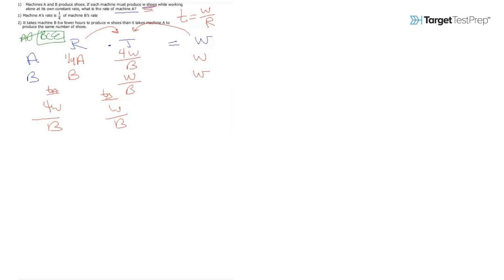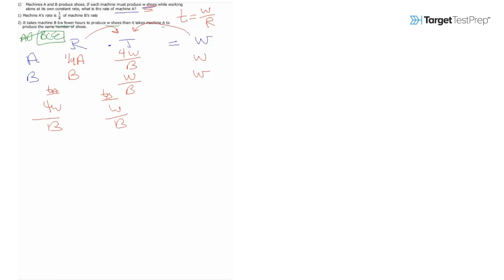All right, statement 2: it takes machine B 6W fewer hours to produce W shoes than it takes machine A to produce the same number of shoes. Okay. So most of you can see by looking at this, there's really nothing here we're going to be able to do.